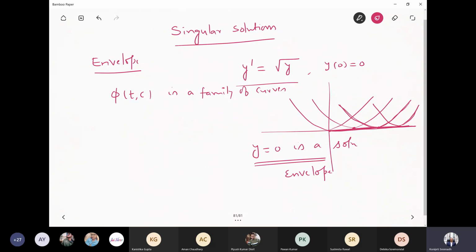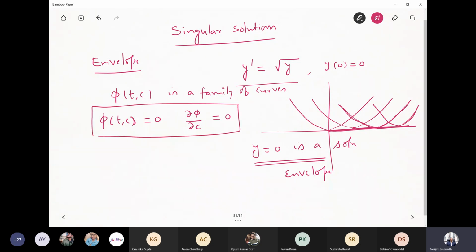Then you write phi(t, c) equals 0, and ∂phi/∂c equals 0. So differentiate with respect to the constant c. Solve these two equations. That gives the solution, which is the envelope.